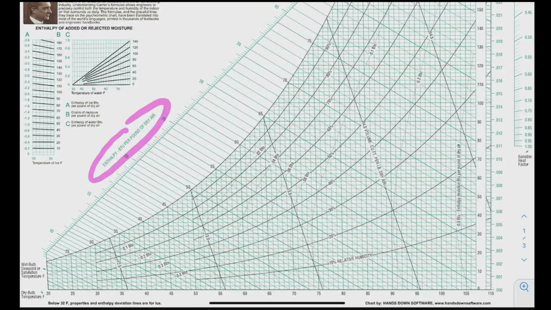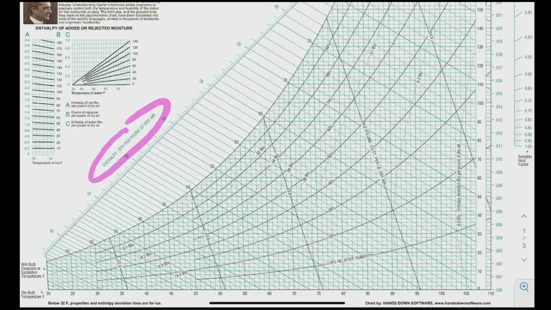And we have the specific volume of air, right? In other words, if your air has certain characteristics of wet bulb, dry bulb, relative humidity, et cetera, we can also infer from our psychrometric chart how much volume of space 1 pound of air will occupy. Here are some numbers.